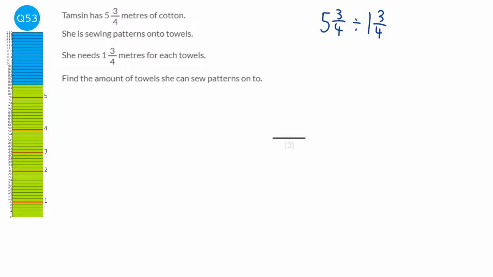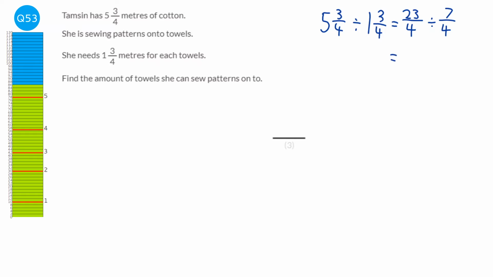So first thing we're going to do is convert them to top-heavy or improper fractions, because at the moment they're mixed numbers and we can't divide or times if they're mixed. So we times the 5 by the 4 and add it to the top, which will be 20, and then add the 3 to the top, 23, and then do the same. 1 times 4 is 4, plus 3 is 7 over 4.